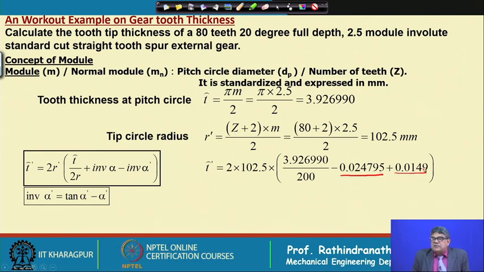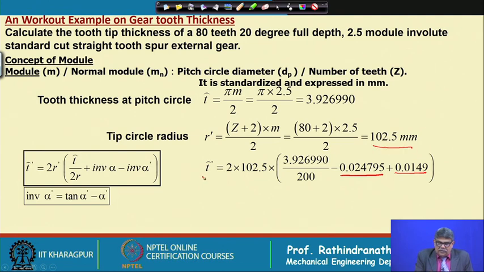One can remember this value, that involute 20 degree is equal to 0.0149, with the 5th and 6th decimal places being 0, 0. So, we can remember this value 0.0149, and the other values, like t dash, we have already calculated, and r is equal to 100, so r is equal to 200. This radius we have already calculated.